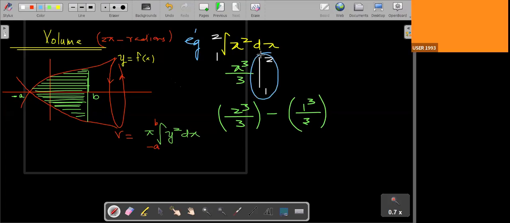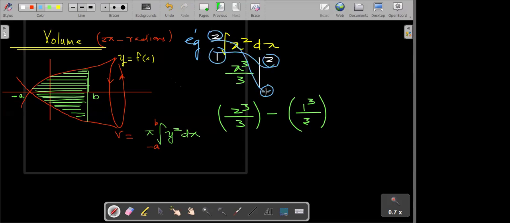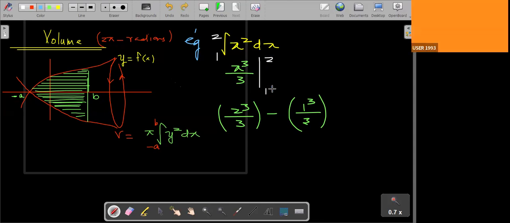We write a vertical line because it's already integrated, and then write 1 and 2. The meaning is that we input 2 first, giving 2 cubed over 3, then 1, giving 1 cubed over 3, and find the difference between them.